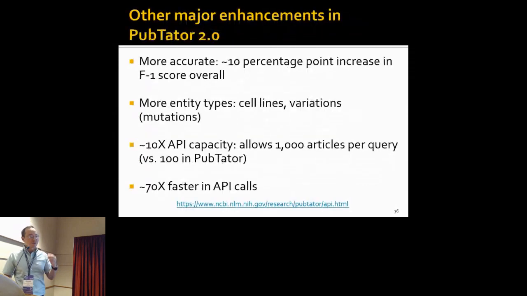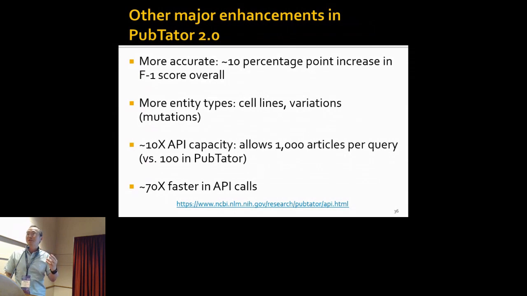So these are the things that we put into the second version of PubTator back in 2019. These new techniques combined bring us about a 10 percentage point increase in F1 score, which is significant, because you can tell the difference between 70% and 80% accuracy.